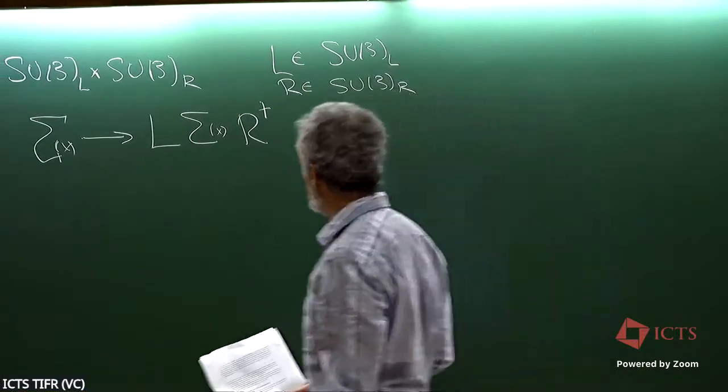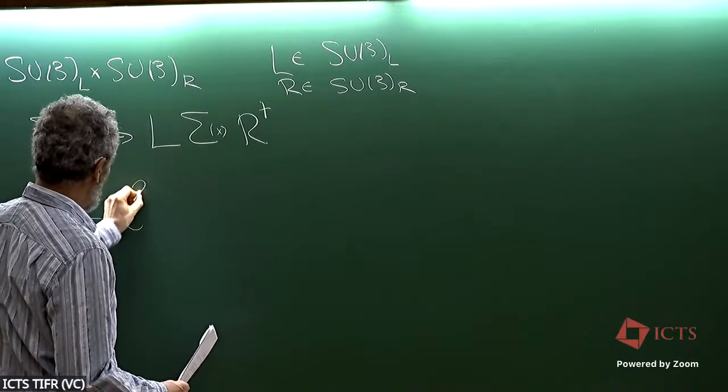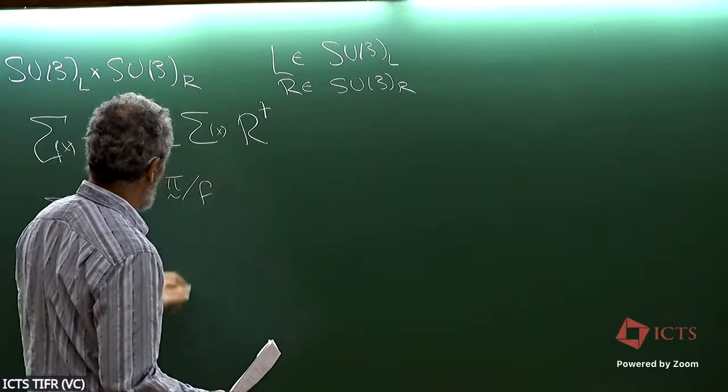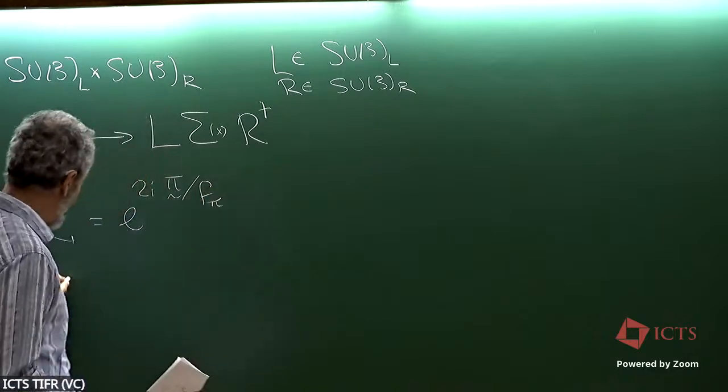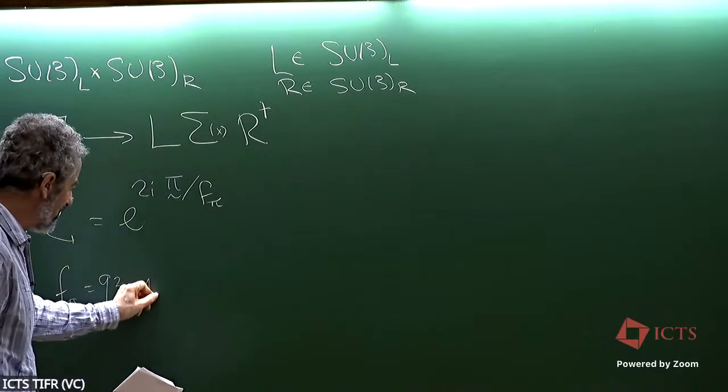They're independent. Sigma is parameterized as e to the 2i pi matrix over F. We discovered F could be identified with F pi, where F pi is 93 MeV in my normalization.